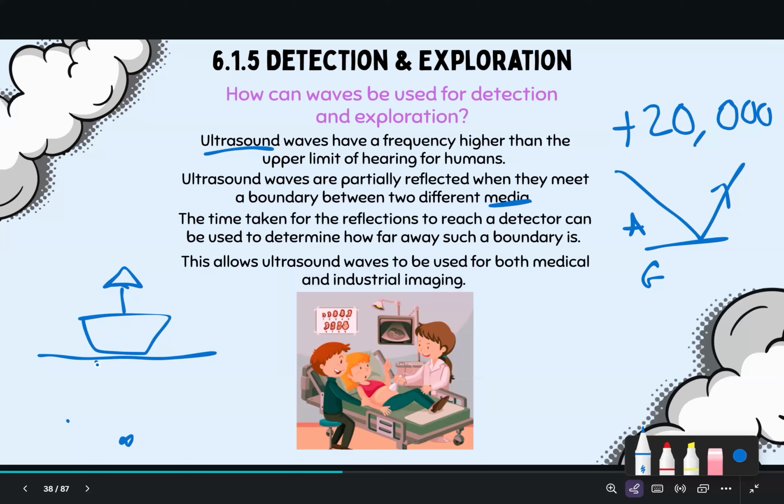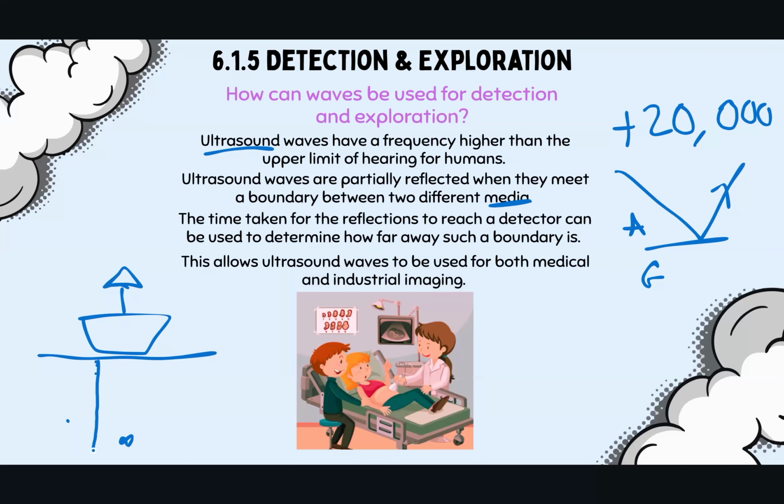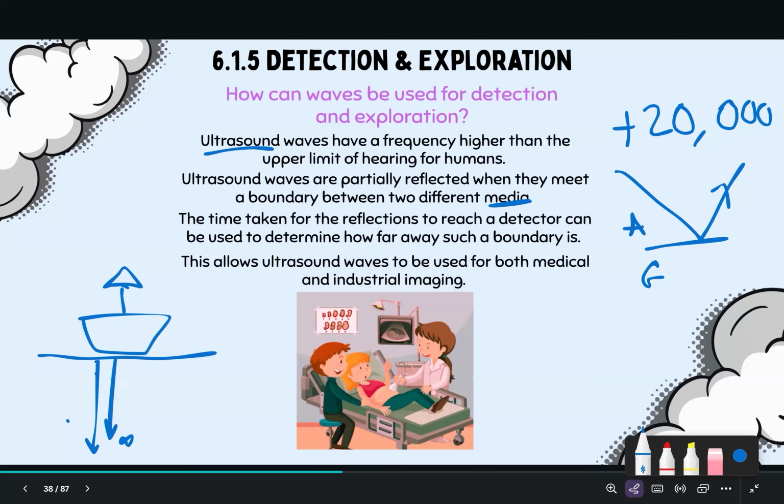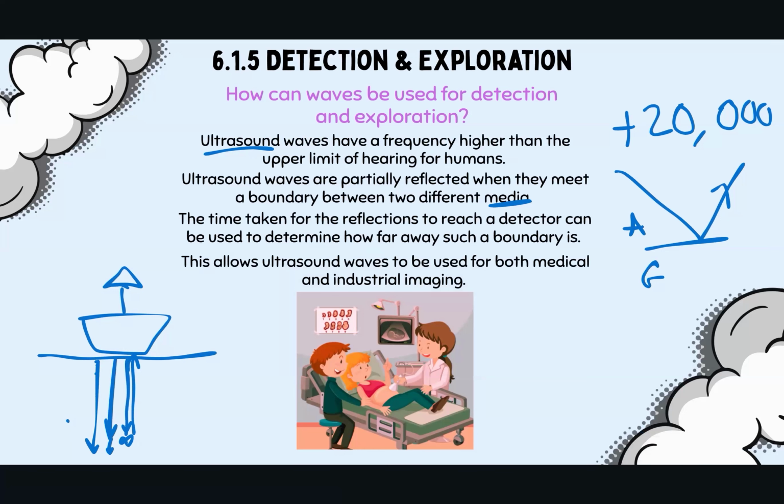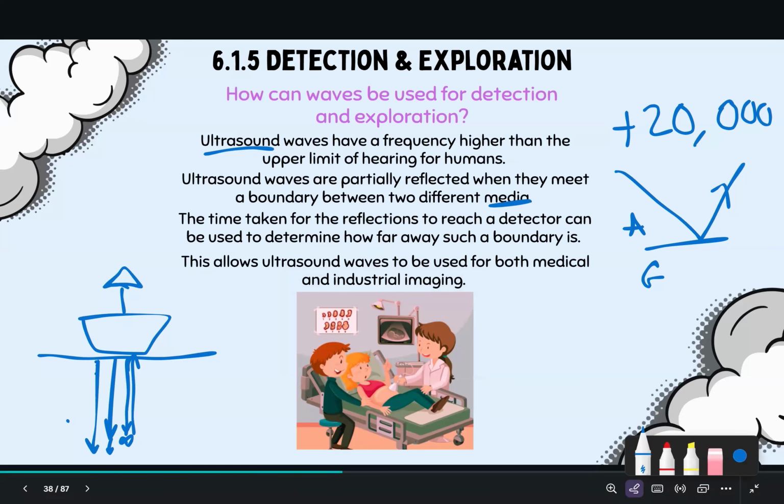So what happens now is the ultrasound moves down, is released from the ship, but when it hits the fish, it reflects right back. Now we know that, and what the ship can do is work out the distance from the fish to the ship.